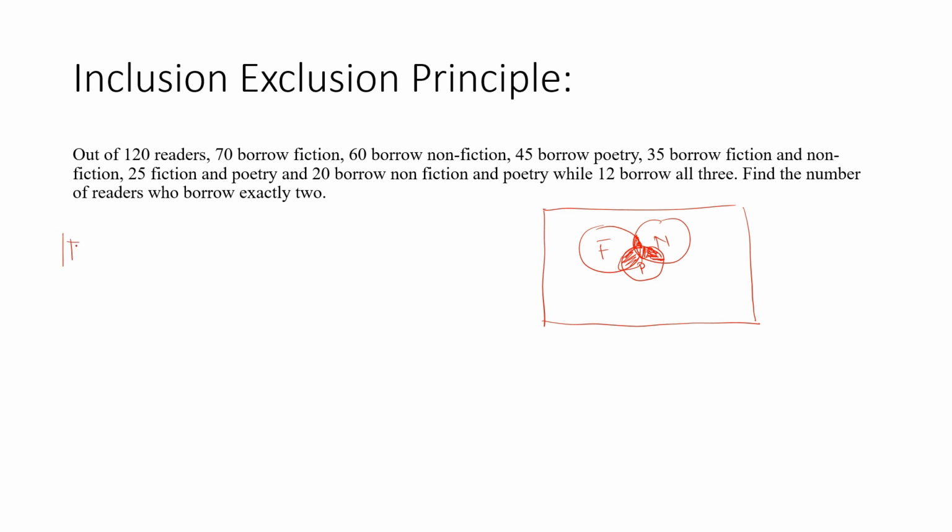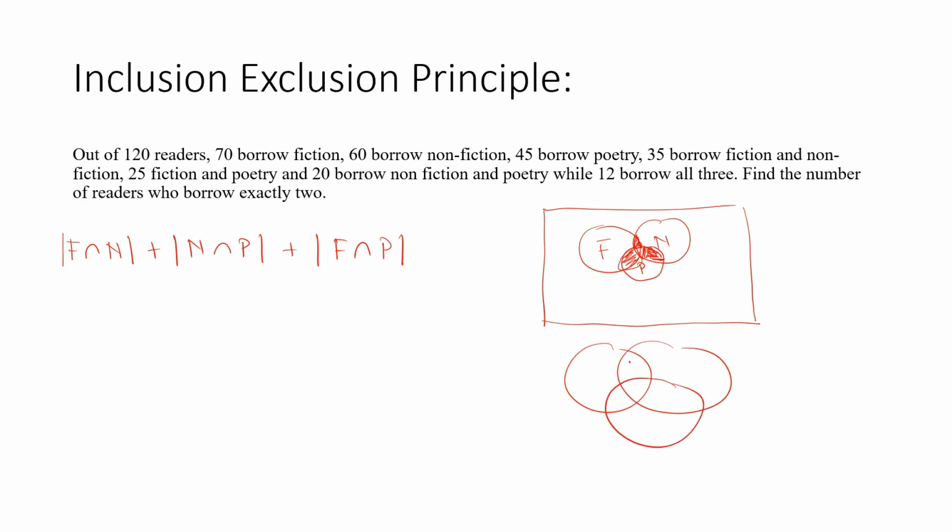Here it will be F intersection N plus N intersection P plus F intersection P. This means we have added these three portions.